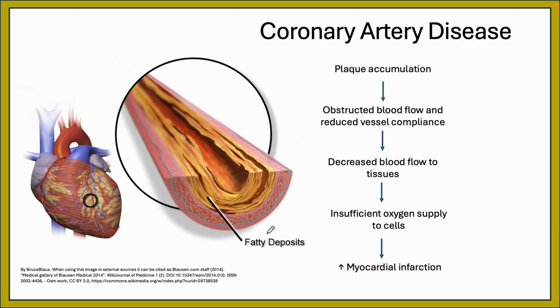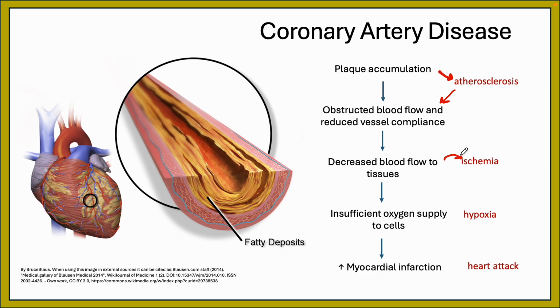Plaque contains things like cholesterol, connective tissue, white blood cells, and smooth muscle cells, and this buildup leads to atherosclerosis, which is a hardening and narrowing of the arteries. This produces obstructed blood flow and reduced vessel compliance. Therefore, you are going to get decreased blood flow to the tissues. That is known as ischemia.